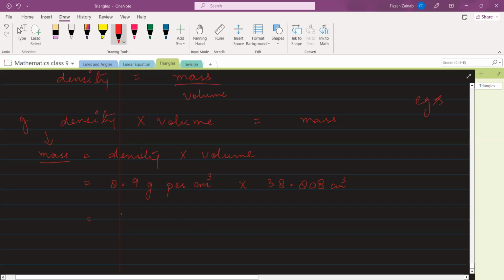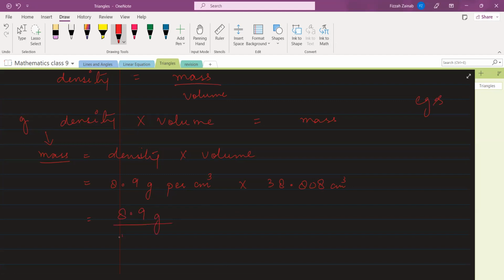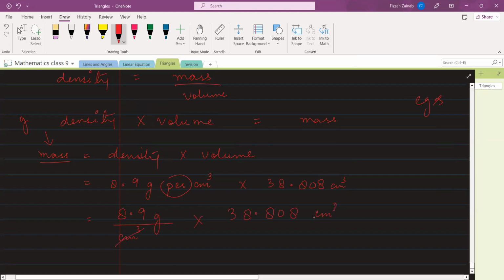Now see how you will get it. So 8.9 gram per centimeter cube means this centimeter cube is in denominator. Is that clear? If you want to remove this per, that means you bring this centimeter cube in the denominator into 38.808 centimeter cube. So now this centimeter cube will cancel out and only gram will be left.